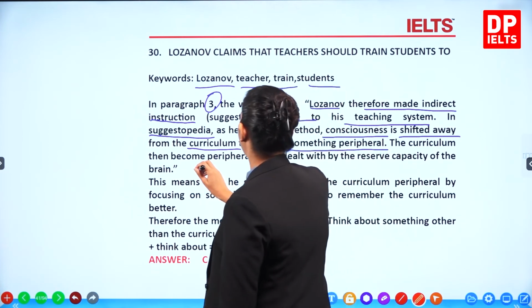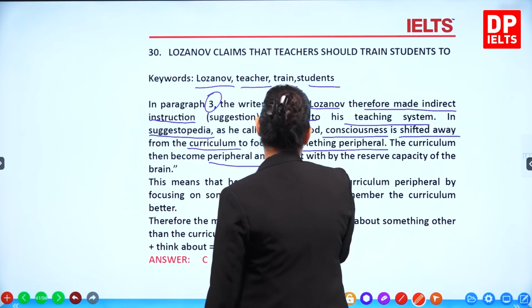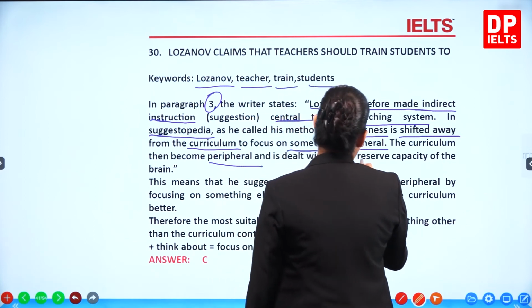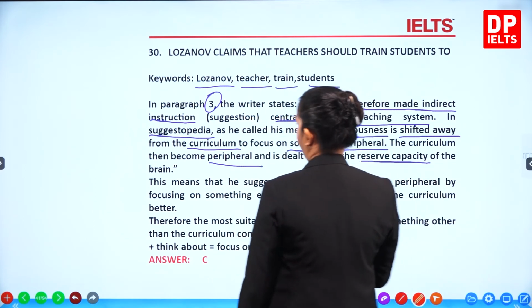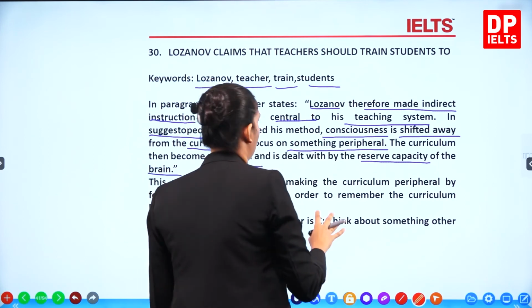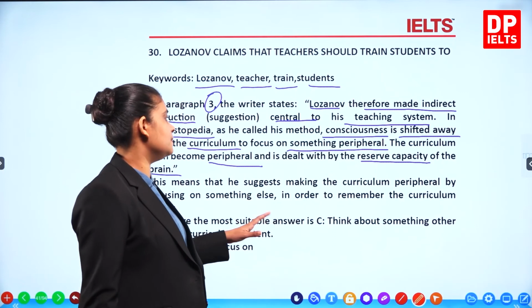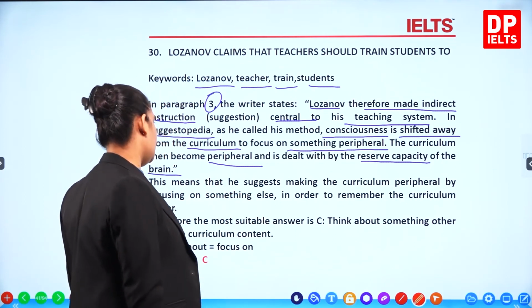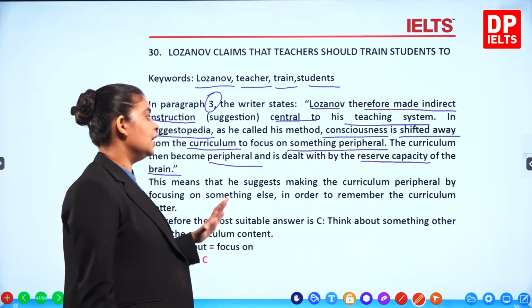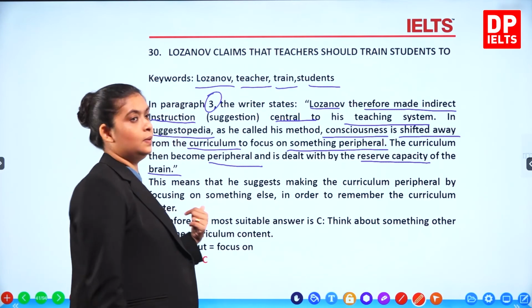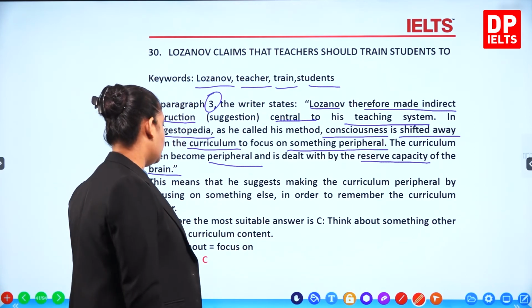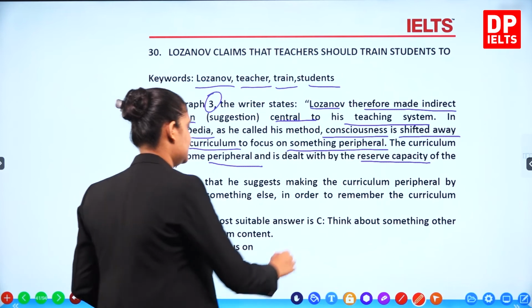The curriculum then becomes peripheral and is dealt with by the reserve capacity of the brain. So what does this whole thing mean, right? This means that he suggests making the curriculum peripheral by focusing on something else in order to remember the curriculum better. Therefore, the most suitable answer is C.